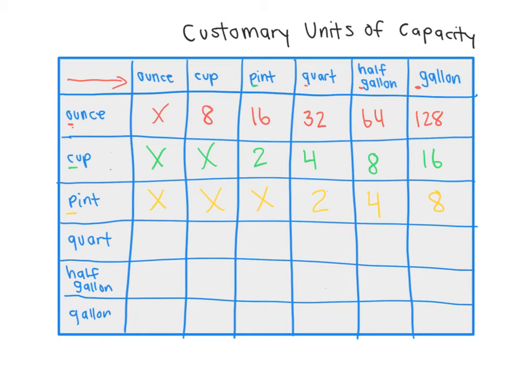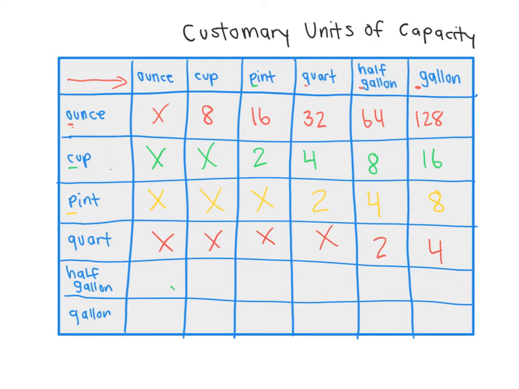Okay, so now we're going to go with our quarts. So I am going to X off anything until I get to quart. And how many quarts do we think are in a half gallon if we follow our pattern? Well, that's going to be 2. And then how many quarts are going to be in a gallon? That's going to be 4. So our pattern is getting smaller and smaller.